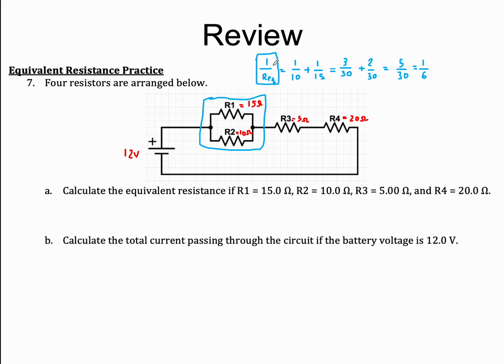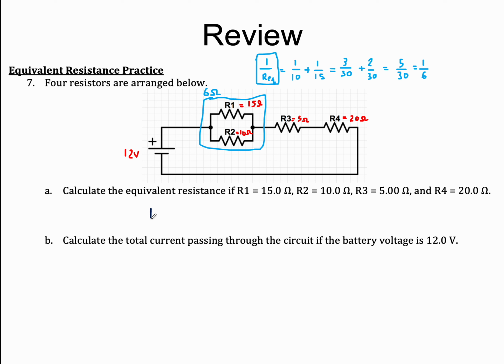So what is the total resistance of this blue box? 6 ohms. Okay, sorry. Maybe it's good that I'm writing so slow because I have to actually draw this all out. So this whole thing is 6 ohms. And now we can actually solve A. What's the total resistance of the circuit? Well, this whole blue box is 6 ohms. That's in series with this 5 ohms and 20 ohms.